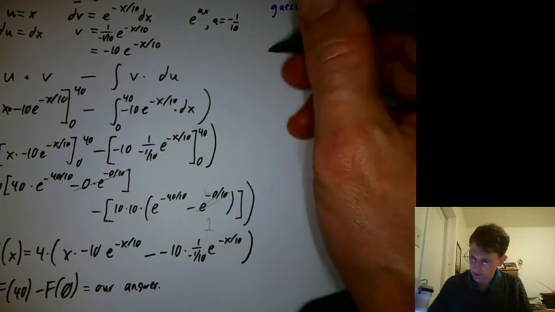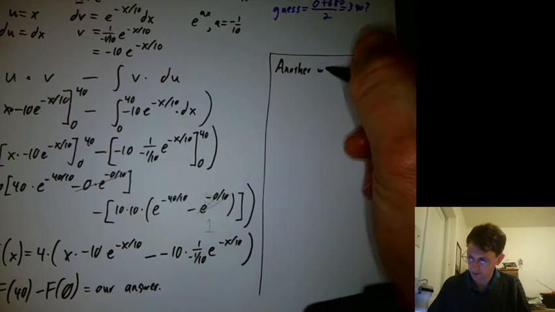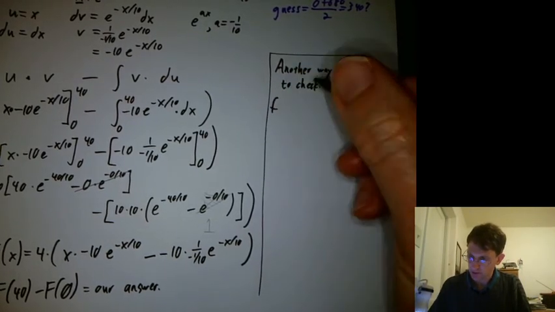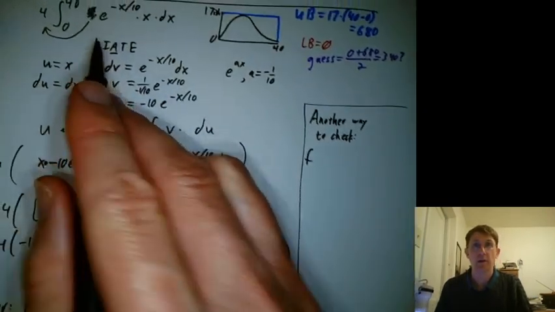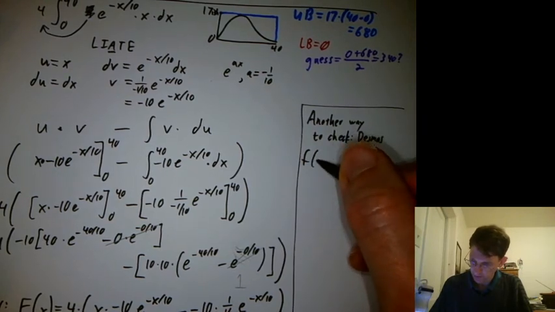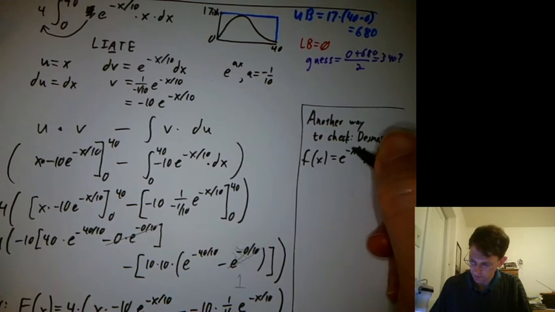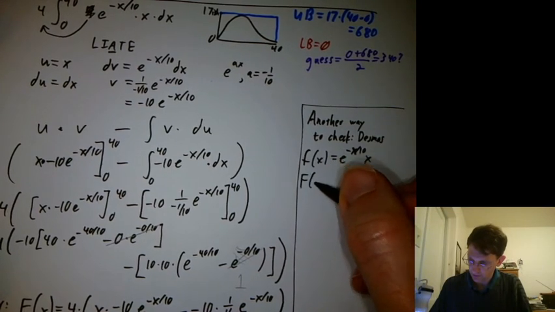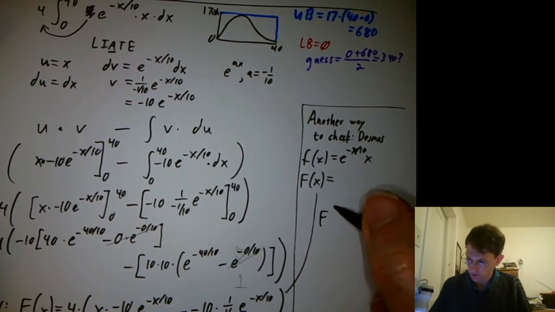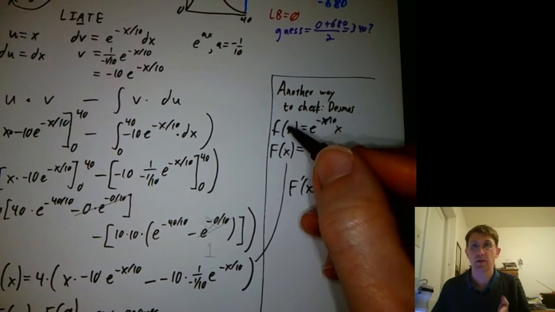Another way to check would be to just say let little f in Desmos, little f of x equals e to the negative x over 10 x, big F of x equals all that stuff. You could do big F of x, and hopefully that would overlap exactly with little f of x.